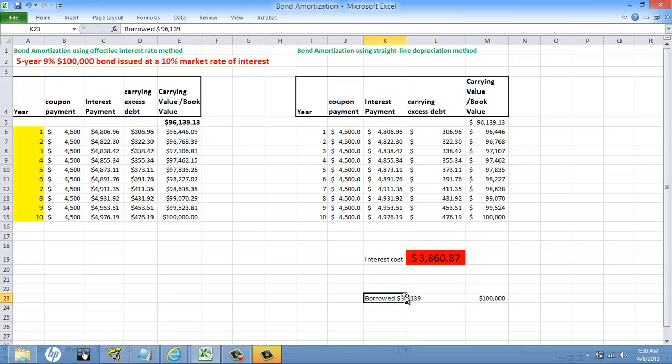So what's the implied interest rate? How much was the interest that we paid? Our interest cost is this. What the effective interest rate method is saying is that you distribute this cost evenly. In year one, you'll report in your income statement as an expense. So you distribute this evenly.